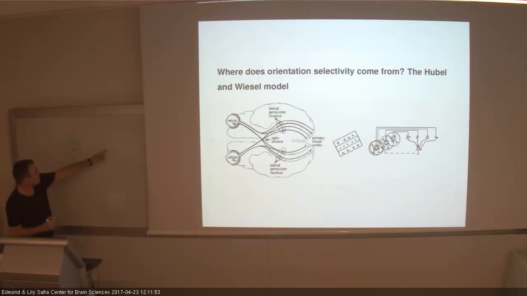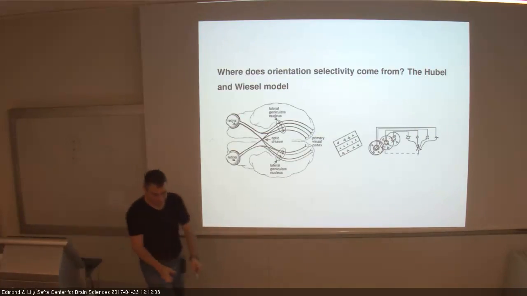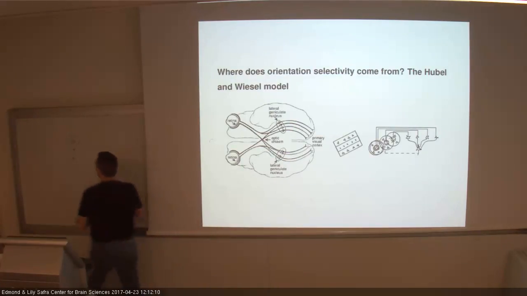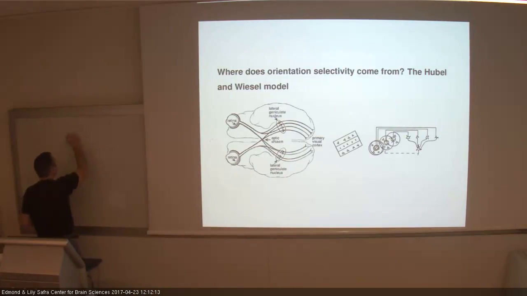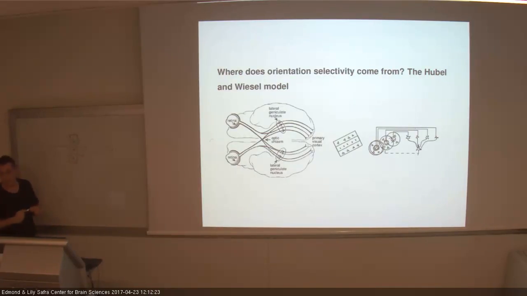Now let's imagine that you have a neuron in the primary visual cortex that receives input from these particular neurons, or from neurons whose receptive fields have this structure. Now you present to this neuron a bar that looks something like this. Then this primary visual cortex neuron will respond vigorously to this stimulus, but will not respond vigorously to this stimulus.